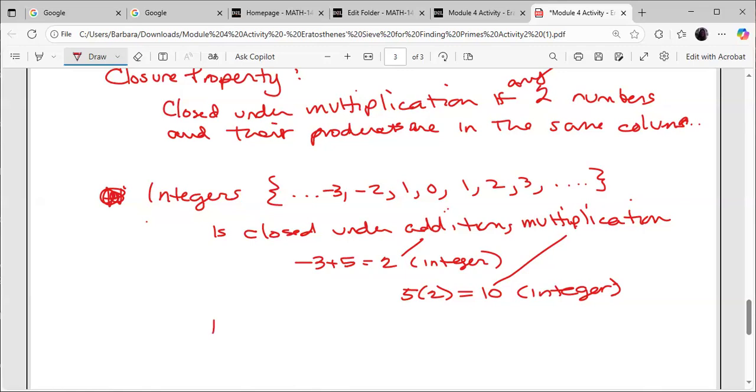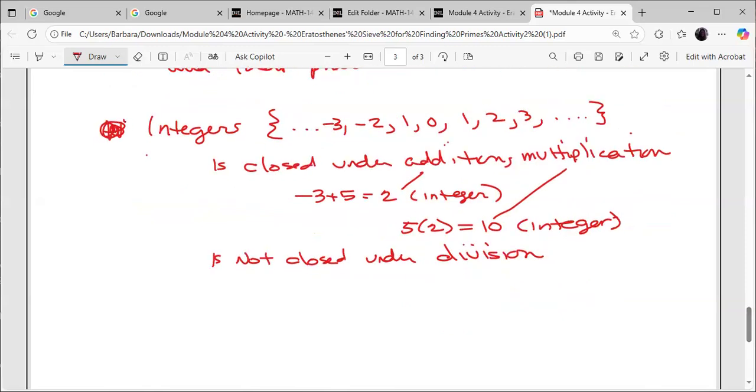Integers are not closed under division. Why do you think that is the case? Can you give me a counterexample, any example where it doesn't come out evenly? Just give me one example. 47 divided by 7: 47 is an integer, and 7 is also an integer, but 47 divided by 7 does not give an integer.